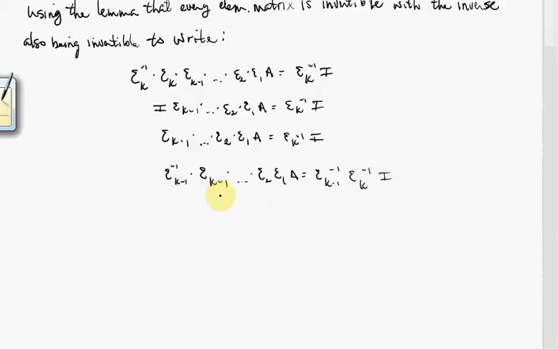I think you get the picture, so I'm going to say dot, dot, dot, and so what I end up with is A is equal to the inverse of E sub 1 times the inverse of E sub 2 times, and so on, times the inverse of E sub k minus 1 times the inverse of E sub k times the identity.